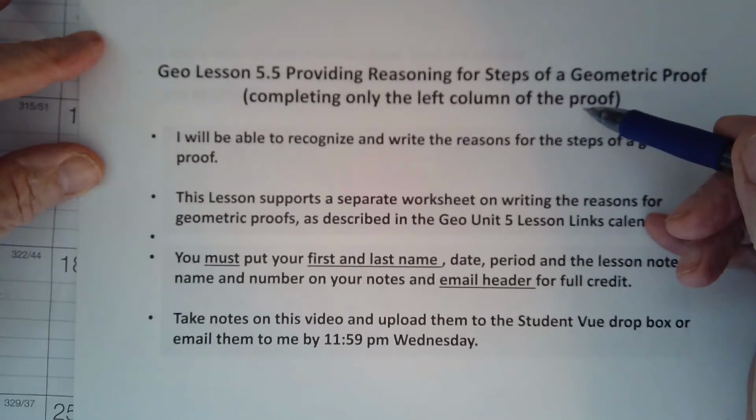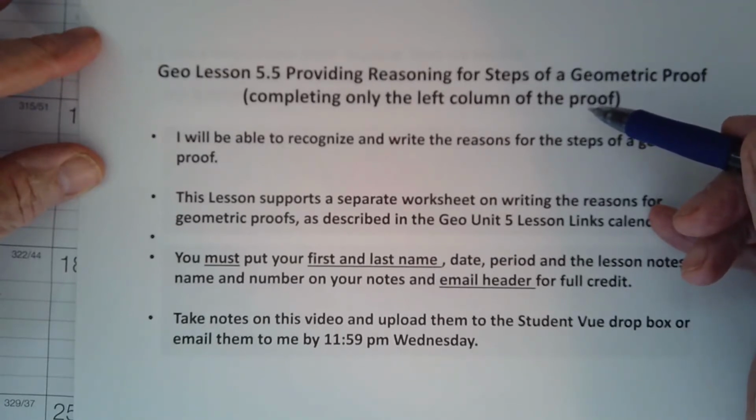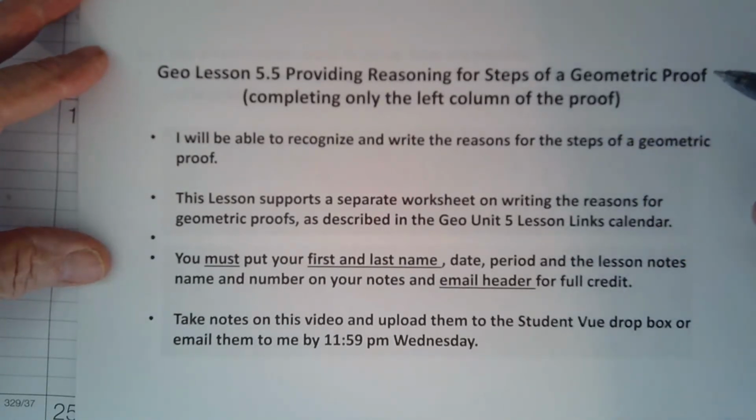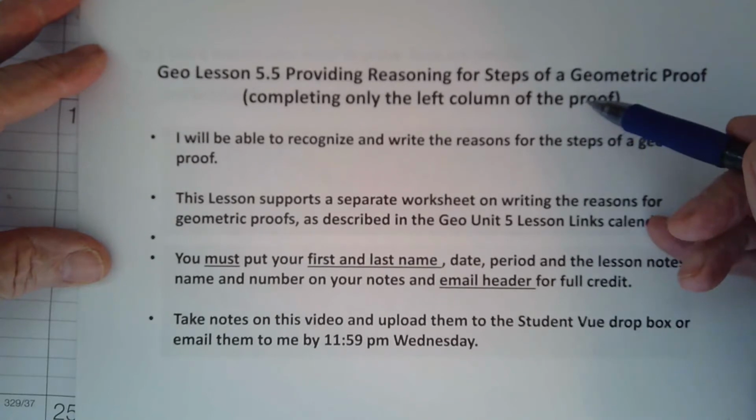And then also deductive reasoning, which was based upon some proof that was found by somebody in the past and recorded and used again and again. So we did that in the first lesson.